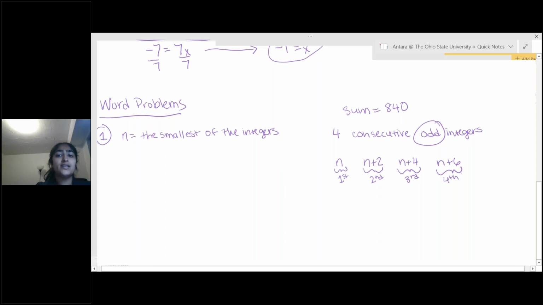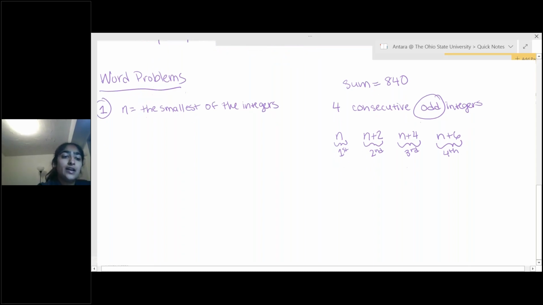How we can write this out is by adding all of them up: n plus n plus 2 plus n plus 4 plus n plus 6, and that equals 840. So this is our algebraic equation.